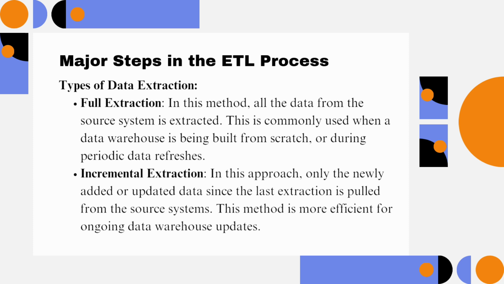In this method, all the data from the source system is extracted. This is commonly used when a data warehouse is being built from scratch, or during periodic data refreshes. Incremental extraction. In this approach, only the newly added or updated data since the last extraction is pulled from the source systems. This method is more efficient for ongoing data warehouse updates.